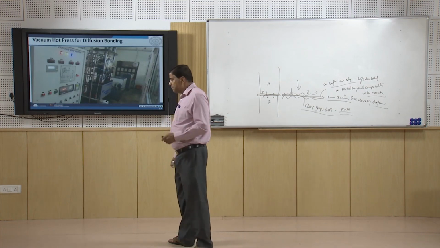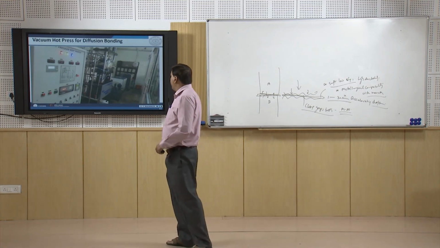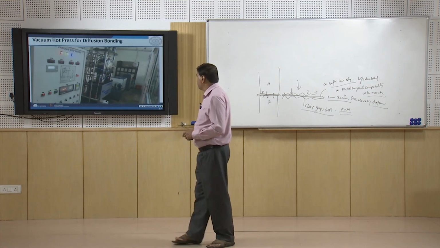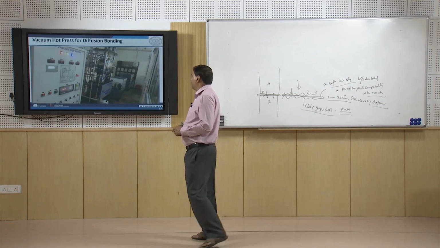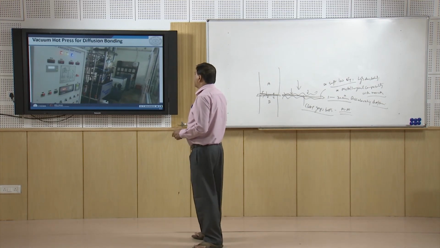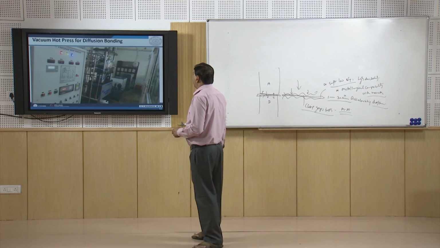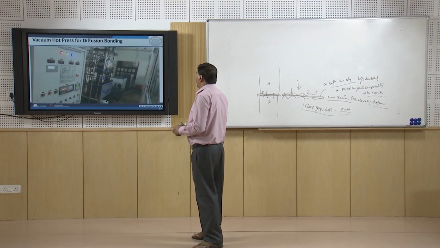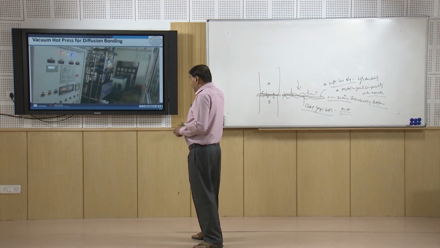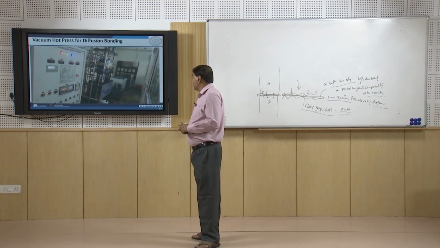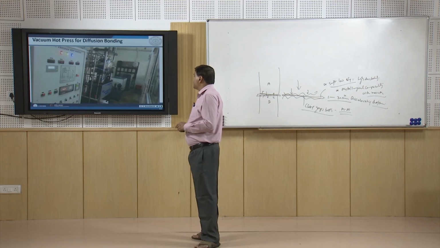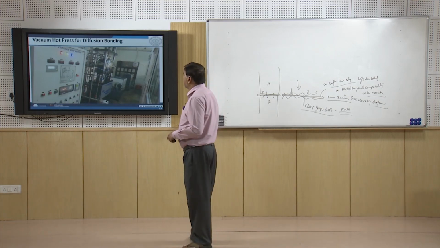And this is the typical system which is used for developing the diffusion bond. We can say it is a vacuum hot press where this is the control chamber, and this is the main vacuum chamber with the heating capability using the resistance heating principle, and it is a 10-ton capacity press.